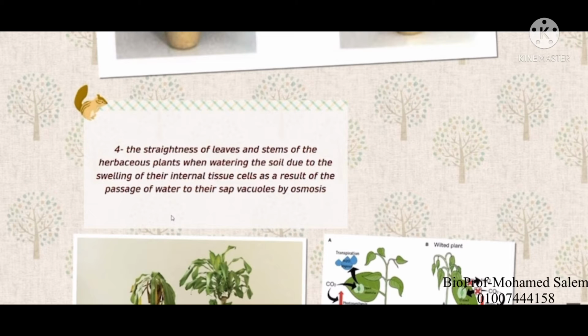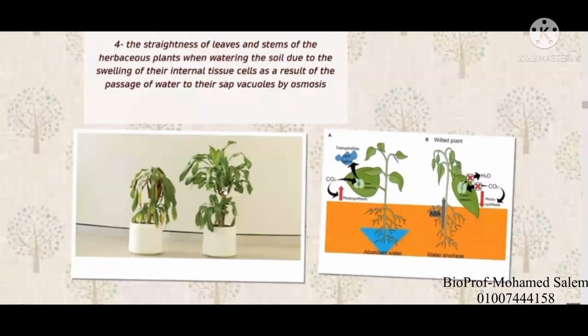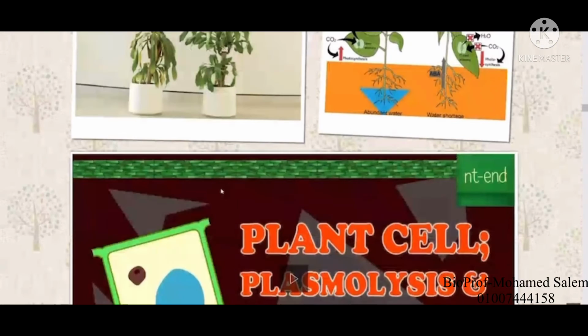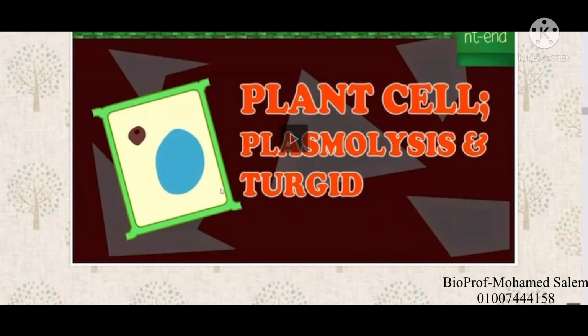So the plant becomes healthy again, or turgid again. This is the first kind of support, physiological support. We have a video explaining plasmolysis and turgid.